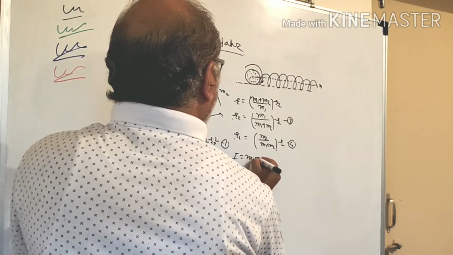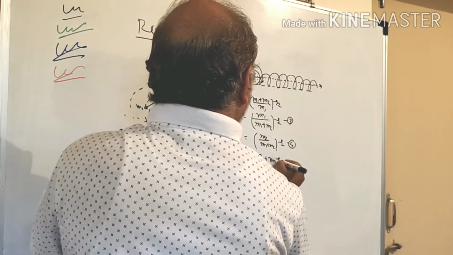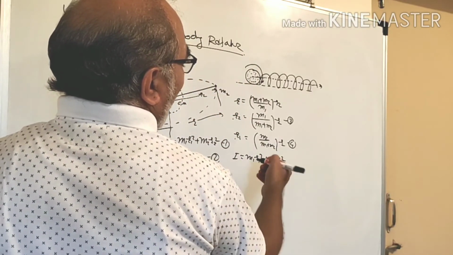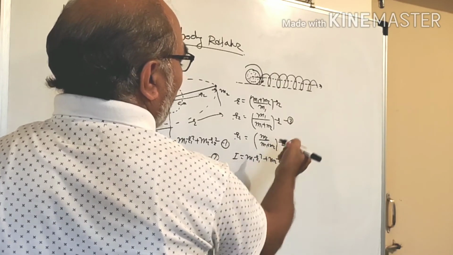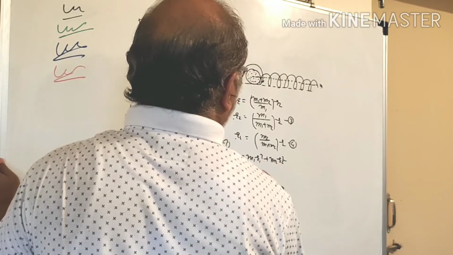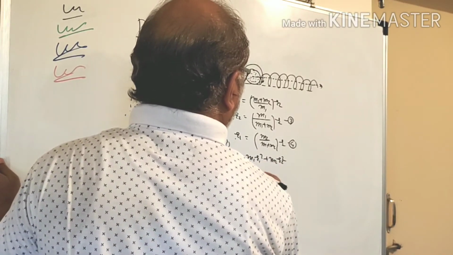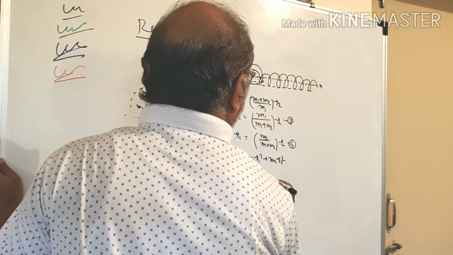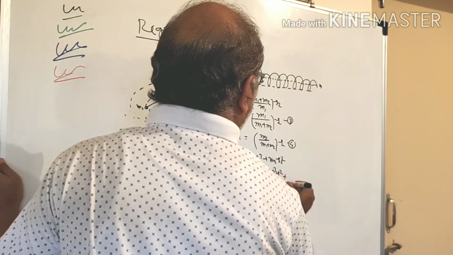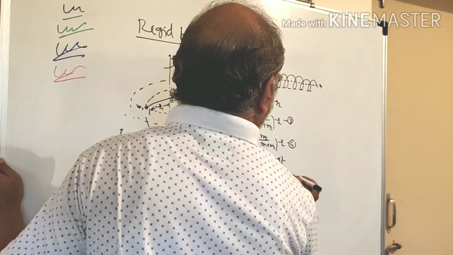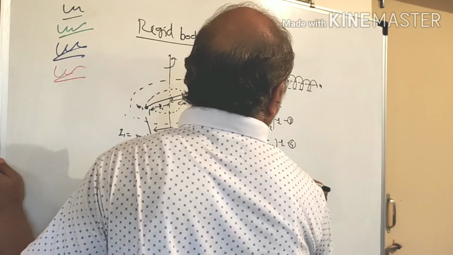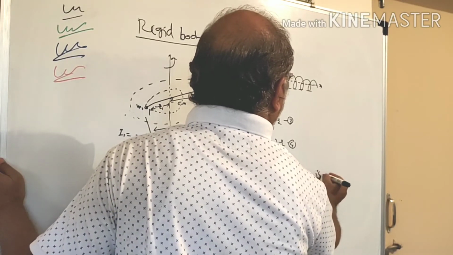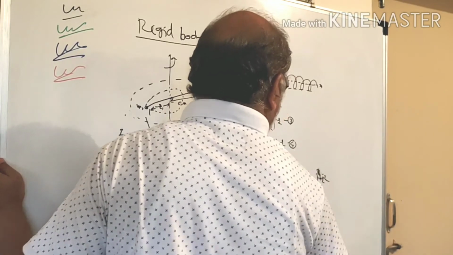Equation 1 is m1 r1 square plus m2 r2 square. Put r1 is equal to m2 divided by m1 plus m2, squared, so we get m1 into bracket r1 square, that is m2 divided by m1 plus m2 whole square r square, plus m2 r2 square, and the value of r2 is m1 divided by m1 plus m2 squared, into r square.